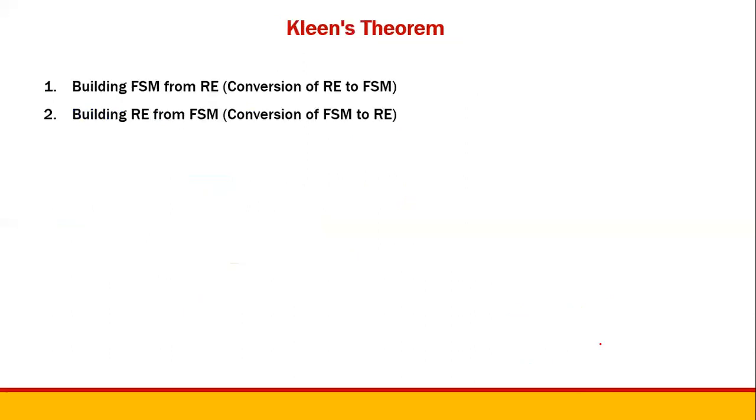So let us see what is this Kleene's theorem here. Okay, so Kleene's theorem means we have actually two types here. One, we can build a finite state machine from the given regular expression. That is nothing but we are converting regular expression to FSM. And also we have the next one, we can convert the given FSM to regular expression here. So let us see how each one takes place.